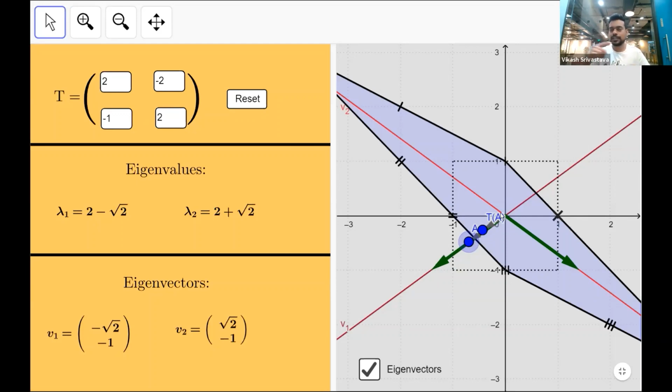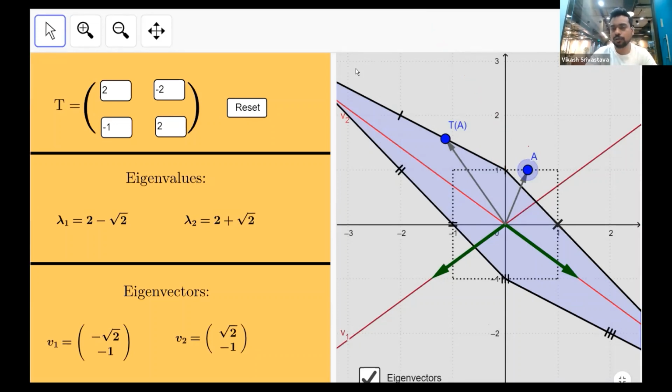What this means is that TA is just a scaled version of this vector A. For any other vector, applying this transformation not only rotates the vector but also changes the magnitude.